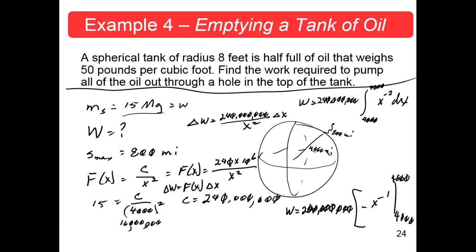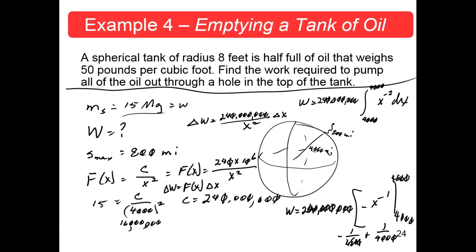Let's do that part before we multiply this in. That'll be minus 1 over 4,800 plus 1 over 4,000. You buy that?